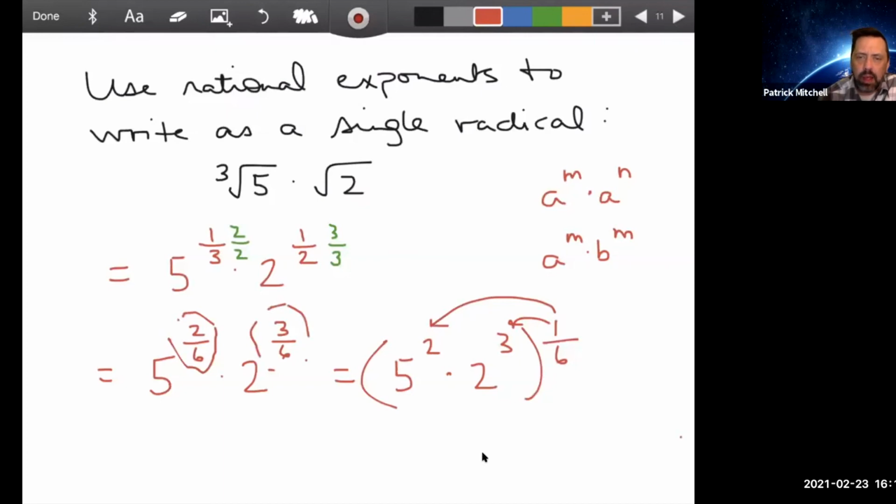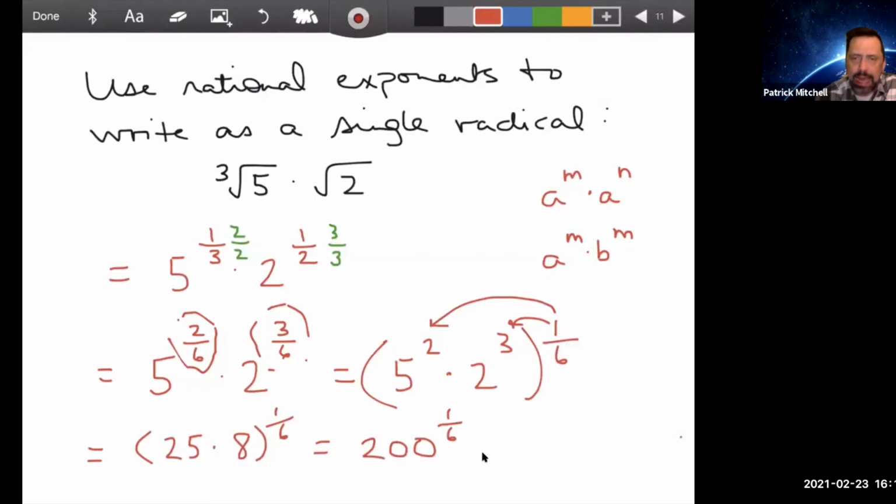All right, I think I can finish this off in the space we have left. 5 squared is 25. 2 to the 3rd is 8. 25 times 8 is 200.